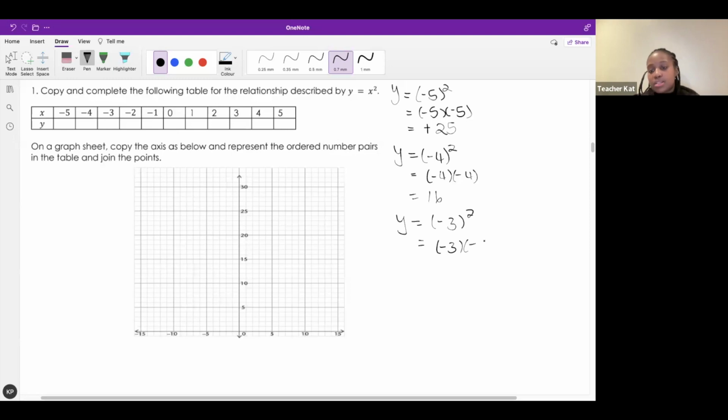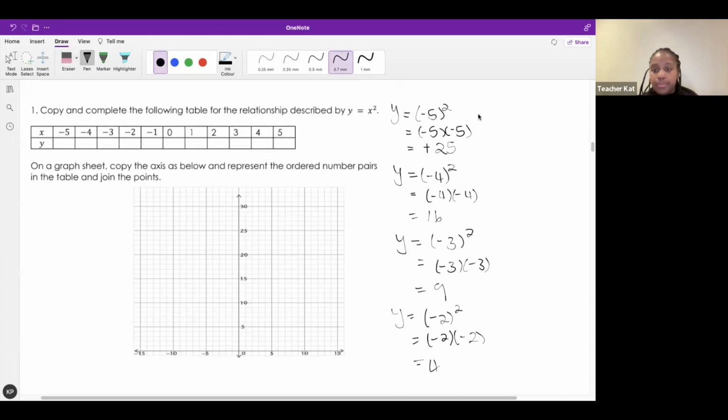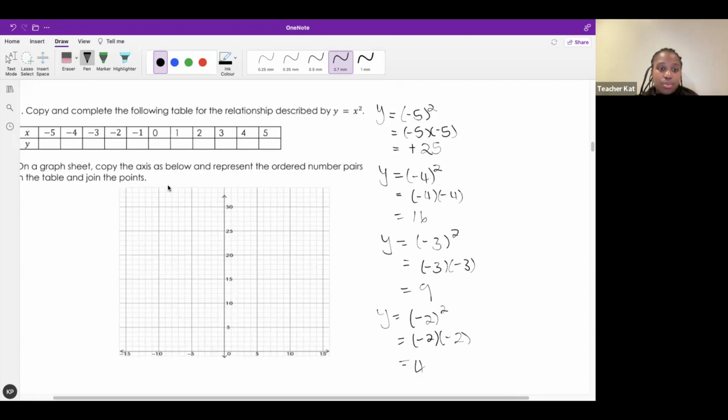I'm going to keep writing this so you understand why the answer is positive. This is 9. Next, y equals -2 squared. Nice, we're getting it much faster, which is 4. There we go.